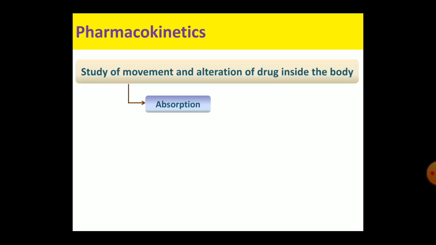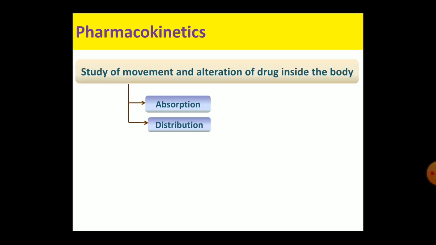Once the drug is absorbed, it enters the circulatory system and reaches the target site. Once it reaches the target site, it produces the action. That part comes under the heading of pharmacodynamics.